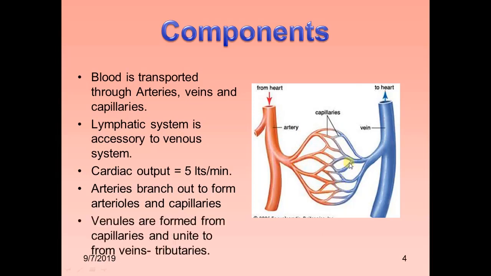On the other end of the capillaries, venules are formed, then small veins open into very large veins, and finally these veins open into the heart. So you have arteries, arterioles forming the capillary plexus, venules, veins, and then large veins.